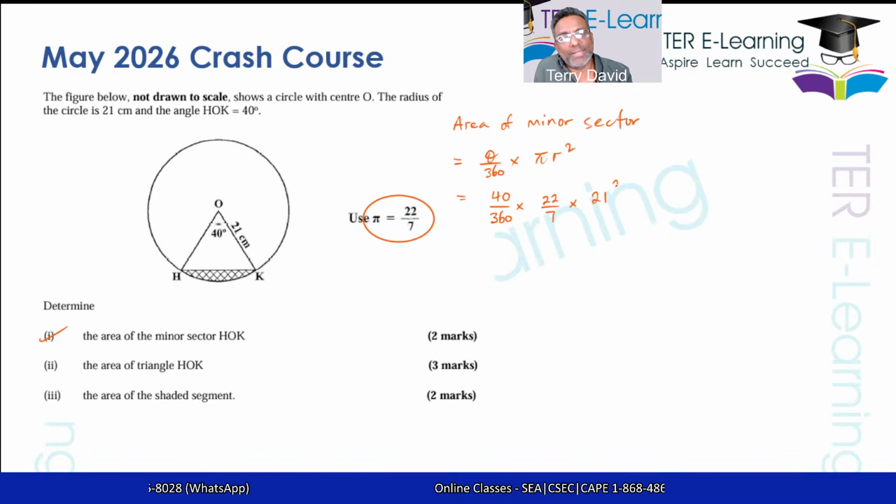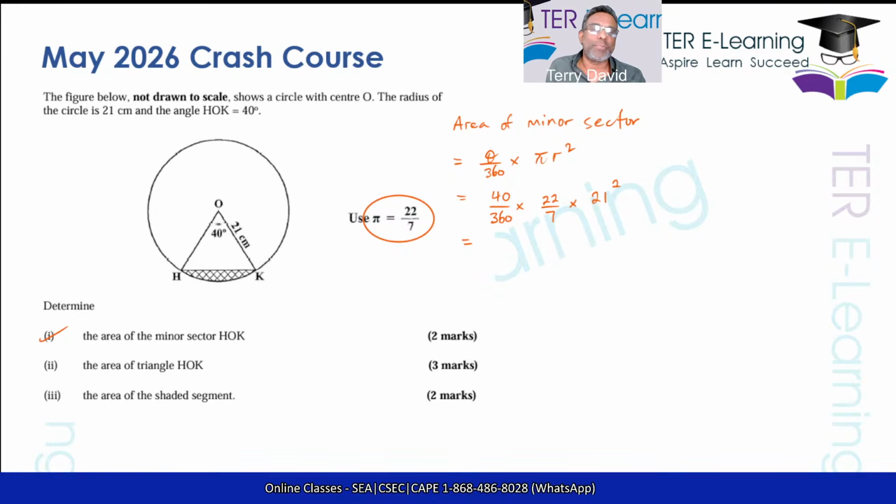So that's going to be 21 squared. Now usually when they tell us to use pi as 22 over 7, the answer may work out flush. Not sure as yet, but let's see. So that's 40 over 360 multiplied by pi, which is 22 over 7, multiplied by 21 squared. And this works out to be 14 cm squared.